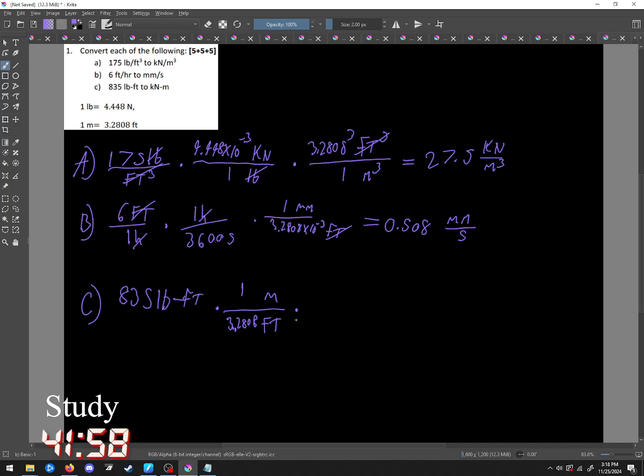And now pound to kilonewton, which we already have here, 1 pound is 4.448 times 10 to the negative third kilonewton, and FT cancels and LB cancels. So our ending unit should be a kilonewton meter.